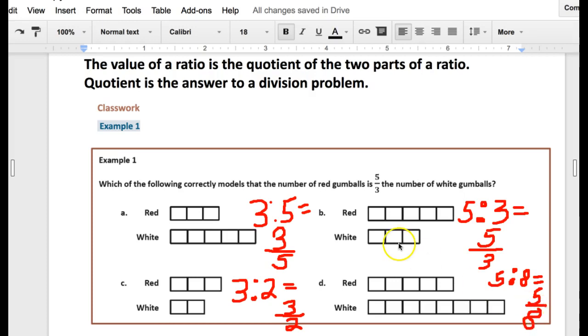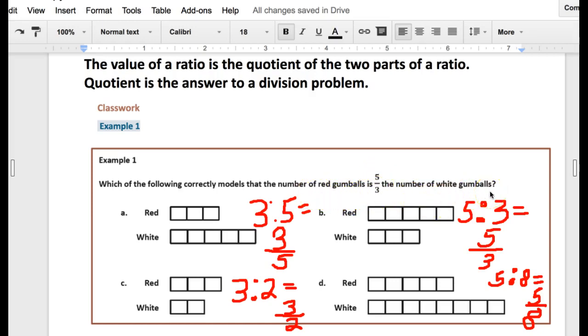So now that we have them, I've rewritten them a little bit to make it neater. Now that we have the ratios and the value of the ratio, which is the fraction, for each one of these, we can go back to our original question, which asks us, which of the following correctly models that the number of red gumballs is 5/3 the number of white gumballs.